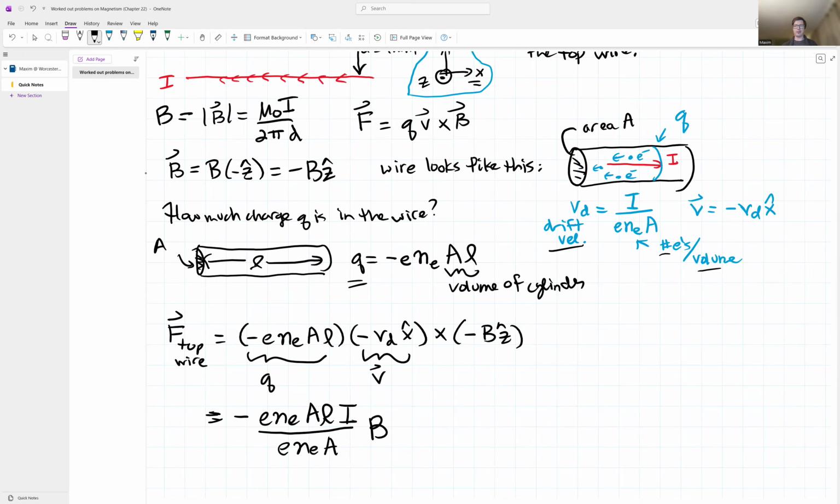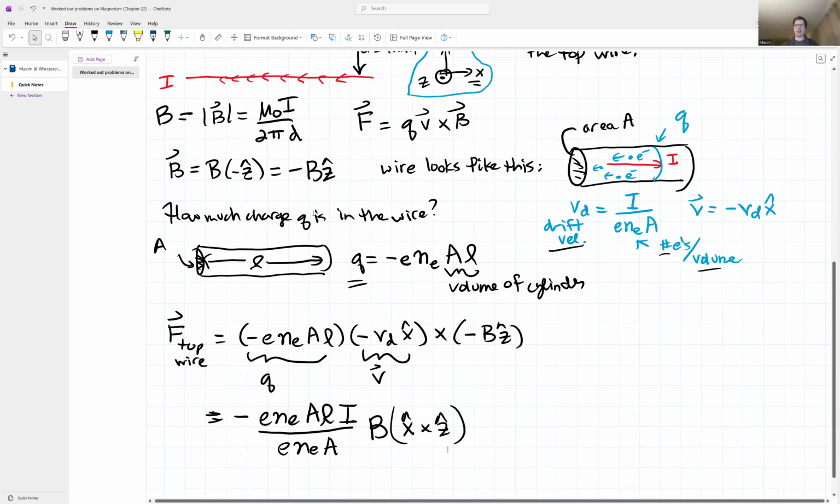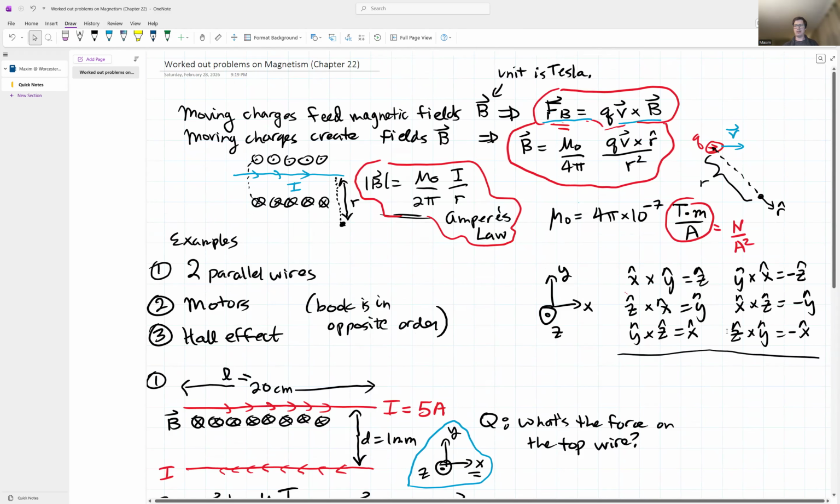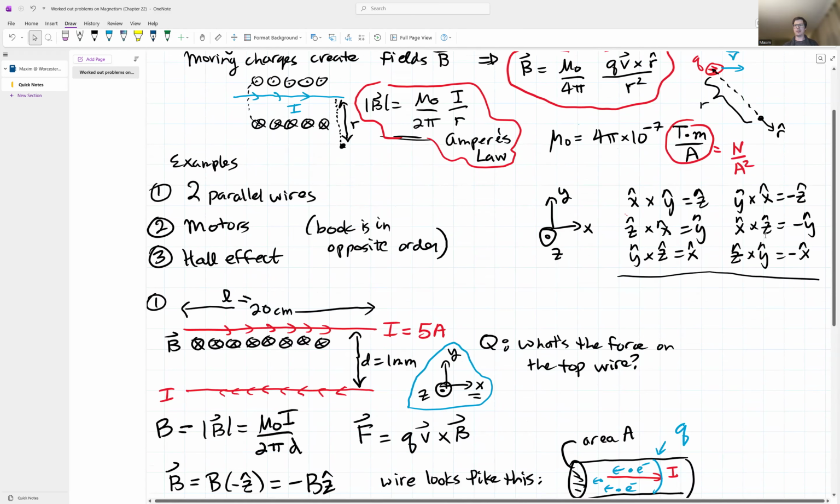And then for the vectors that are left over, you just have x hat cross z hat. And if we look at our table up here, let's see what that is. X hat cross z hat. We have it here. It's minus y hat. So x hat cross z hat is minus y hat.